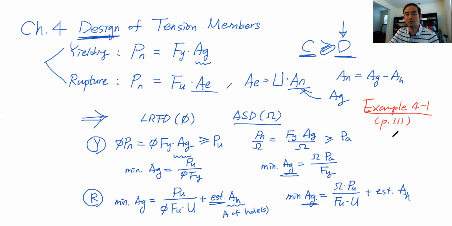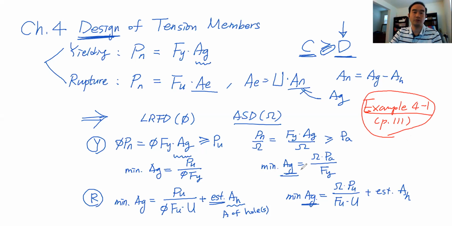Number 6, I didn't upload any solution for. For 4 and 5, I already posted those solutions on Blackboard, so you can look at them. So example 4-1 is going to be a good example problem to exercise this chapter 4. So that is all for chapter 4.